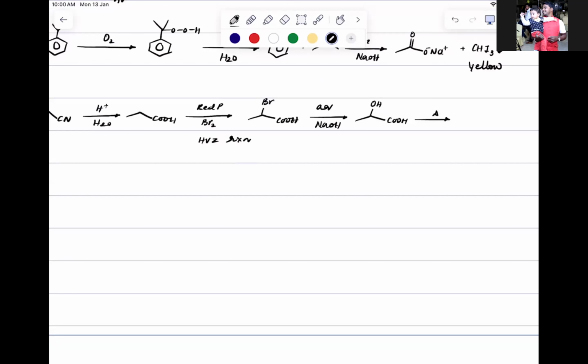And nitrobenzene, when you treat with Cl2 and FeCl3, will give the product with NO2 and Cl. I took this from an in-text question, guys. Chlorination you have to do here only. No other products are being entertained. As per NCERT, this is the product given.